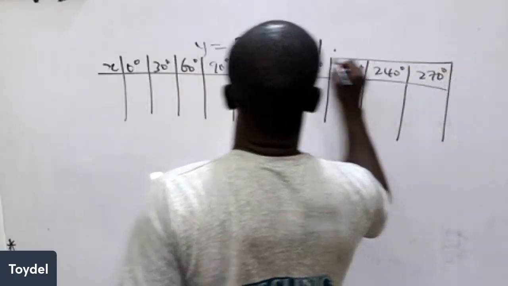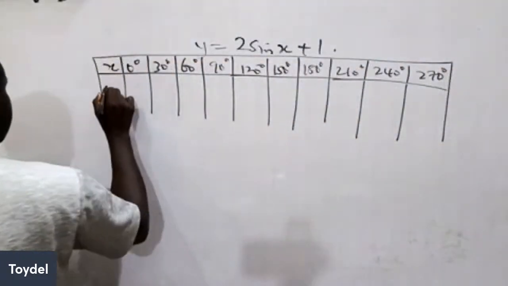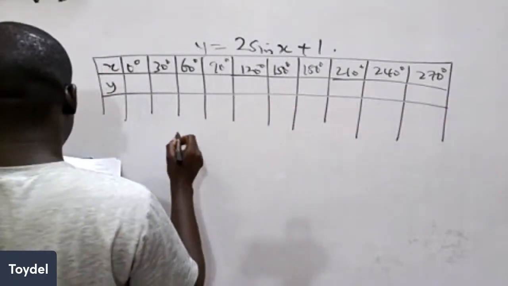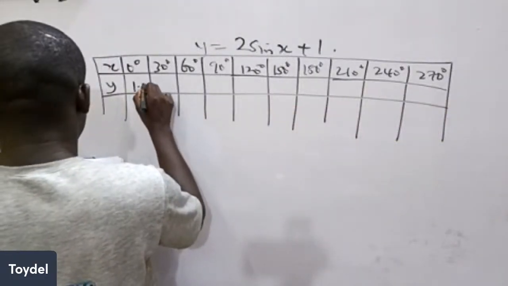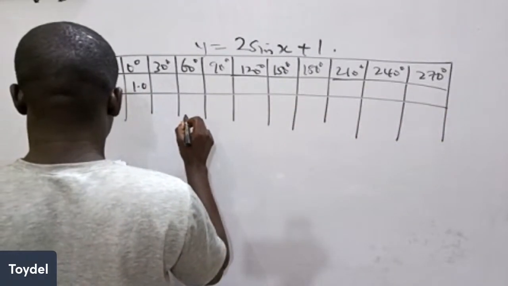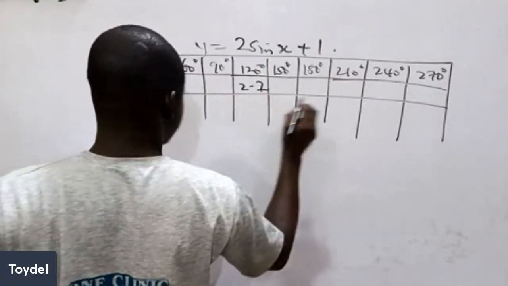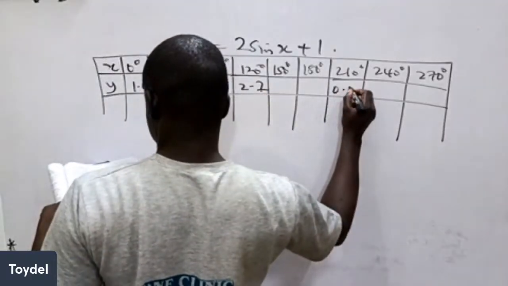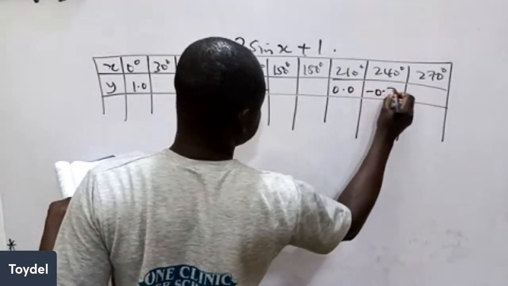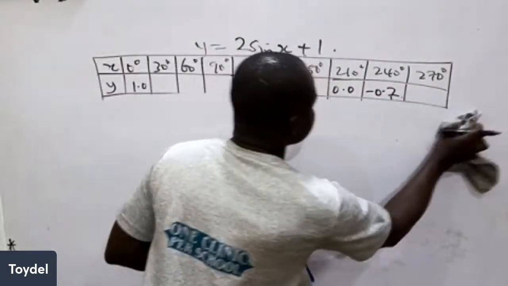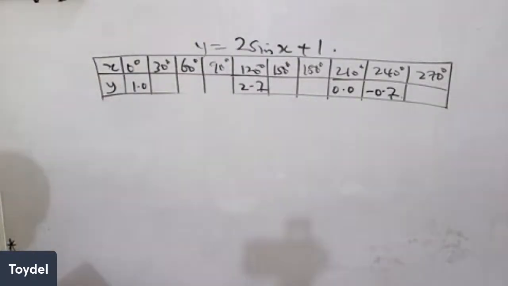So these are the values that we are given. Then we have value of y. We are only given this to be 1.0, this to be 2.7, this to be 0.0, then minus 0.7. So this is what we are given, what you have on the board.